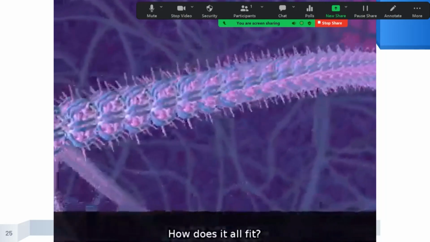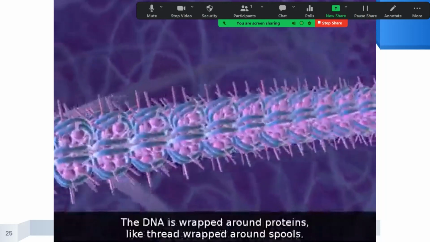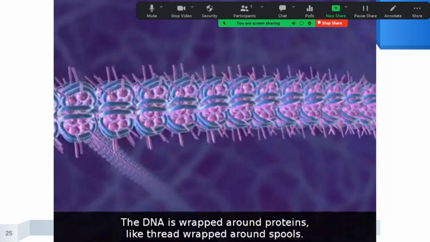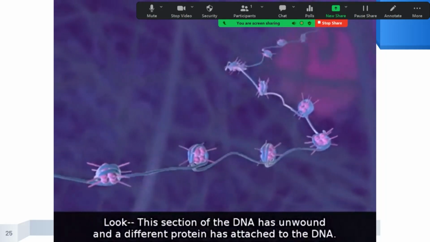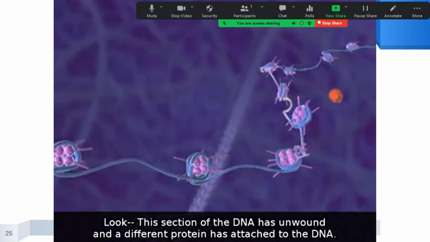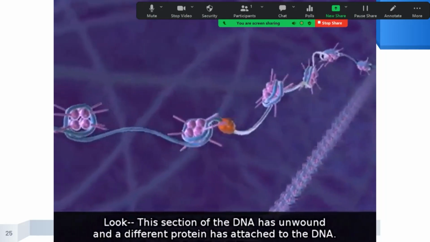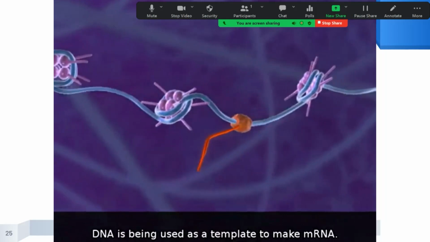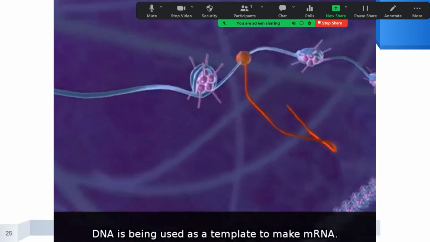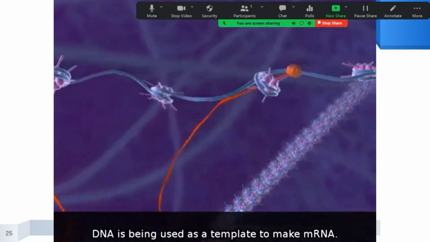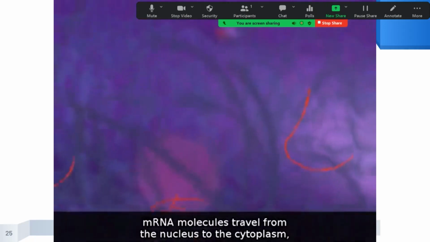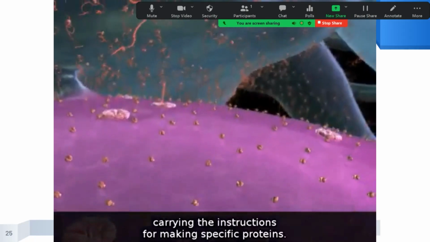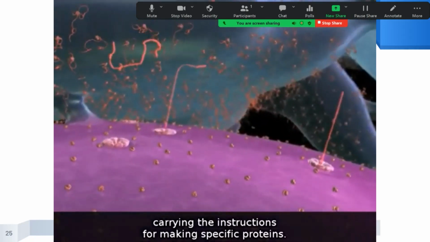How does it all fit? The DNA is wrapped around proteins like thread wrapped around spools. Look, this section of the DNA has unwound, and a different protein has attached to the DNA. DNA is being used as a template to make mRNA. mRNA molecules travel from the nucleus to the cytoplasm, carrying the instructions for making specific proteins.